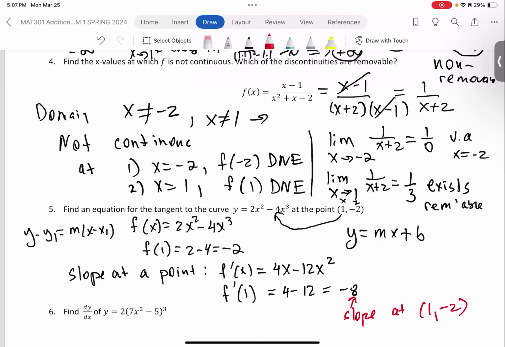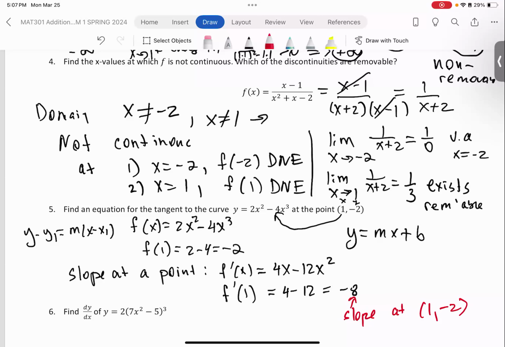How's that? So look, the slope is not this. This is not a slope. 4x minus 12x squared, that's not a slope. It's an expression that gives you the slope at any point x, but the slope is a number. Slope is not a function. I know it's a very common mistake, but it's not a bad mistake. There are bad mistakes.